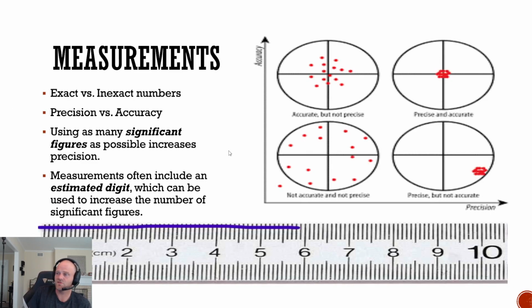So we've also covered some of this in lecture, but I'll reiterate it just to make sure everybody gets it. Exact versus inexact numbers. An exact number would be as if I was counting, say, a number of people, right? I can't have half a person, so when I count people, there's always an exact number.